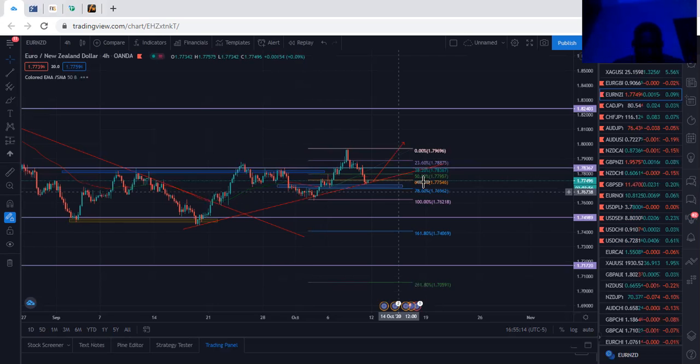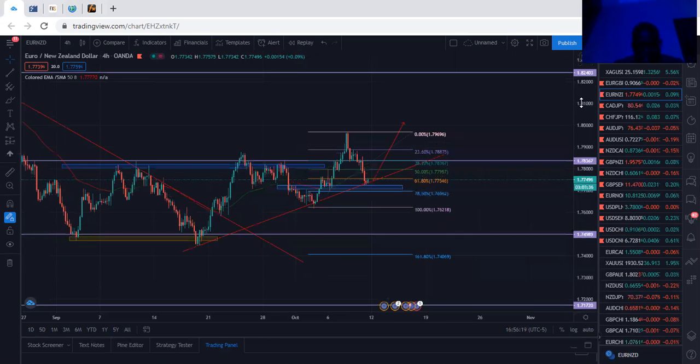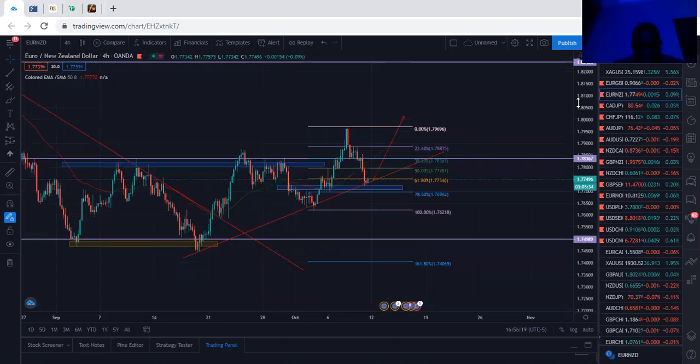What will I see to enter? What will I see to get in on the trade? I would like to see a big engulfing bar right here, a very strong engulfing bar that signifies that buyers are still in control of the market. A strong engulfing H4 bar, not just a 1 hour bar.